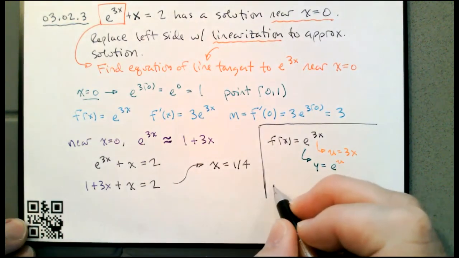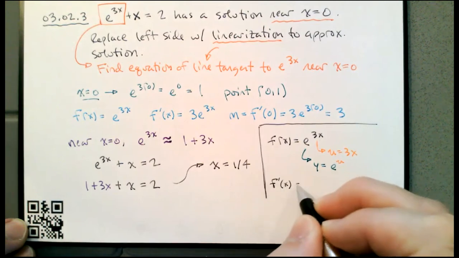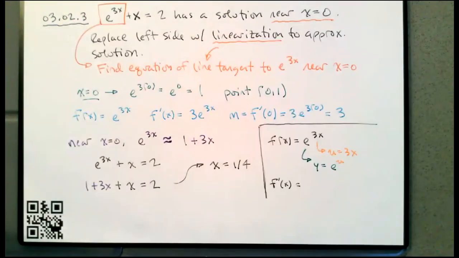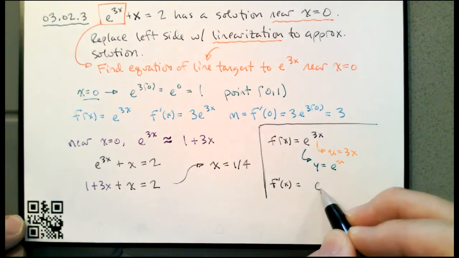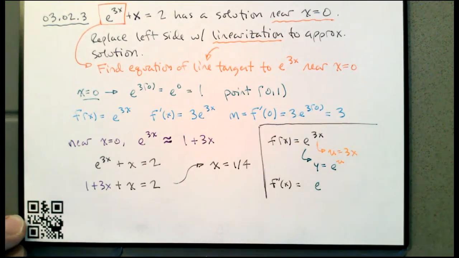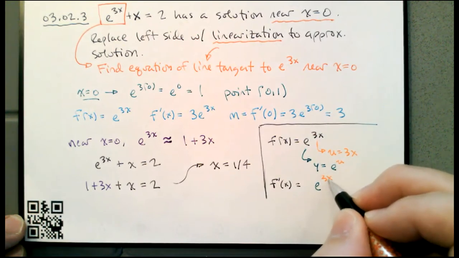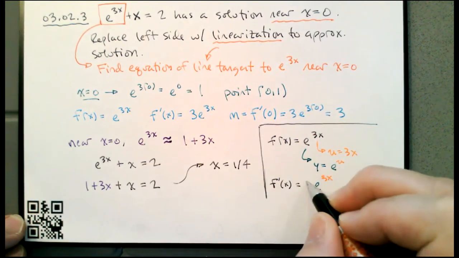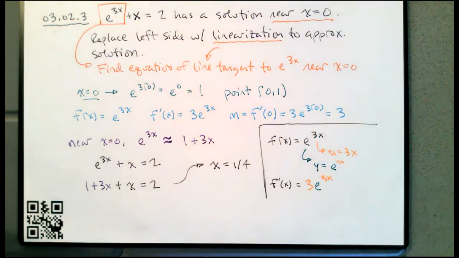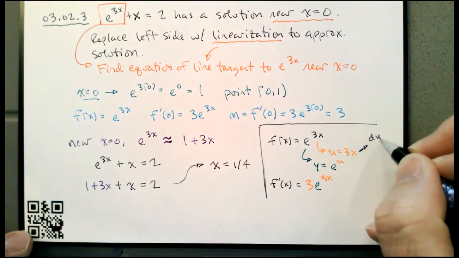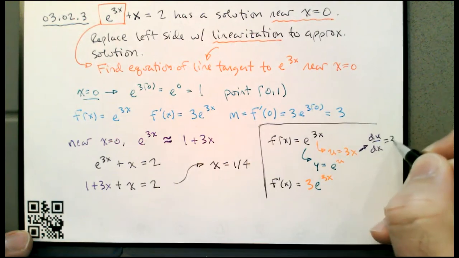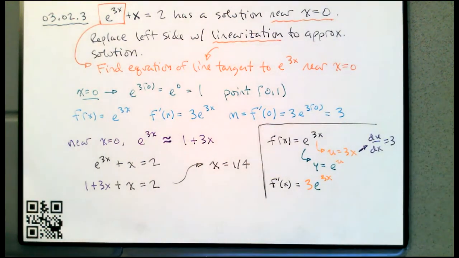So f prime is e to the u, and u is 3x, times the derivative of the 3x. If u is equal to 3x, then du dx is 3.